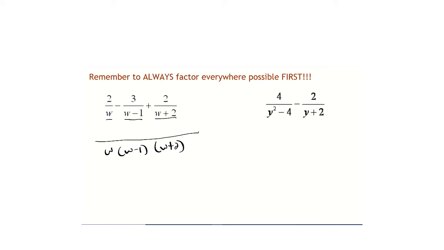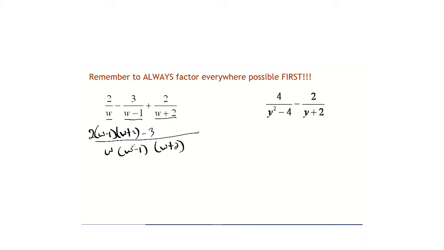So in order for that denominator to become this, I would have to multiply what's already up there, 2, by the ones that I'm missing. So I'm missing the w minus 1 times w plus 2. If you multiply those two by that, you'd get that. That's why I've got to multiply the numerator by those two factors. Look at your next one. I have w minus 1. That covers that one.